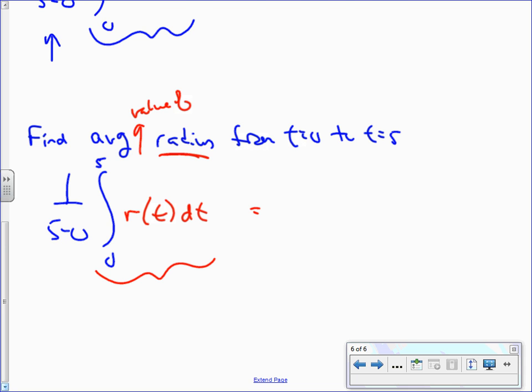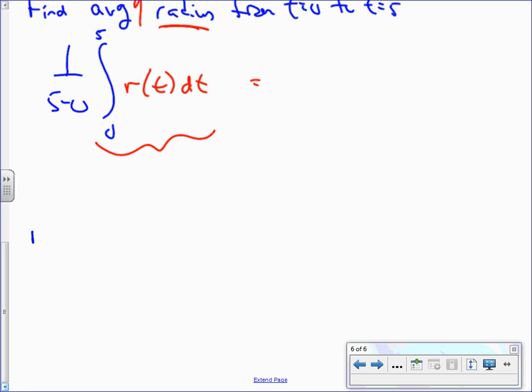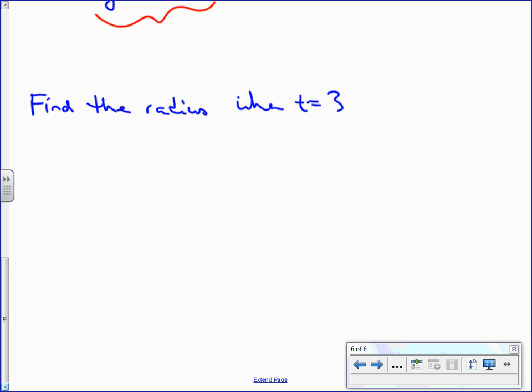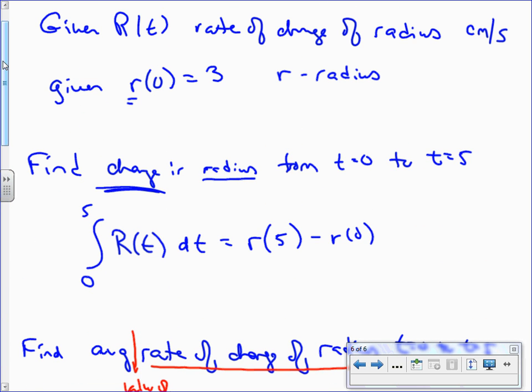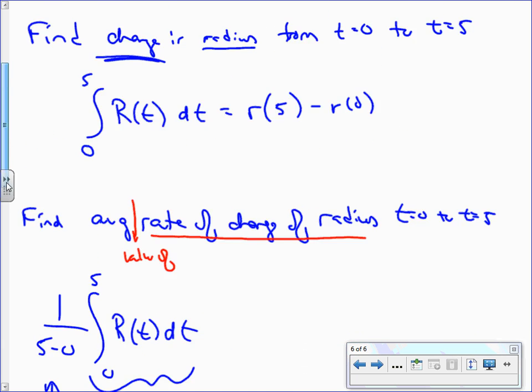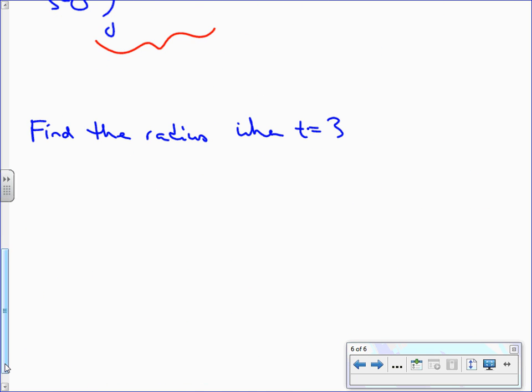Okay, and finally, if I said find the radius, what is the radius when t equals, and I pick a time, let's say I pick 3. Okay, find the radius when t equals 3. Okay, so how in the world are you supposed to do that? Well, I'm going to go all the way back to the beginning of this problem, and you're going to remember that somebody told you what the radius was at 0. That was given. So that means you have a starting point.